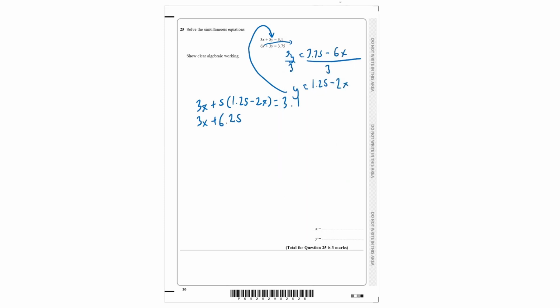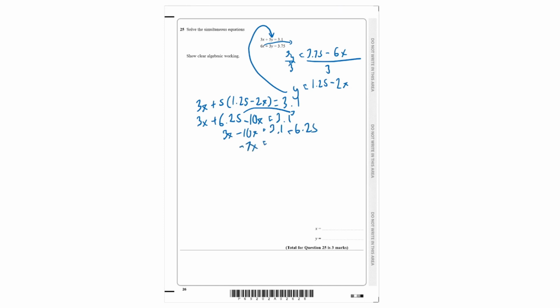6.25. 5 times negative 2x is negative 10x is equal to 3.1. We can then bring 6.25 to the other side and combine the like terms. So we have 3x minus 10x is equal to 3.1 minus 6.25. We then have 3x minus 10x is negative 7x.